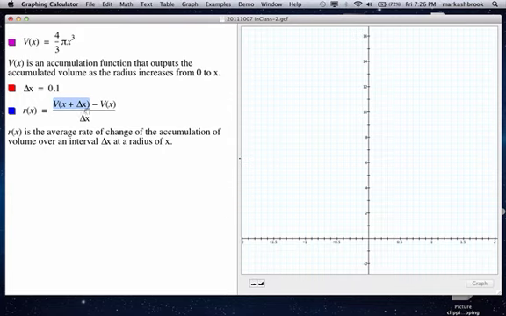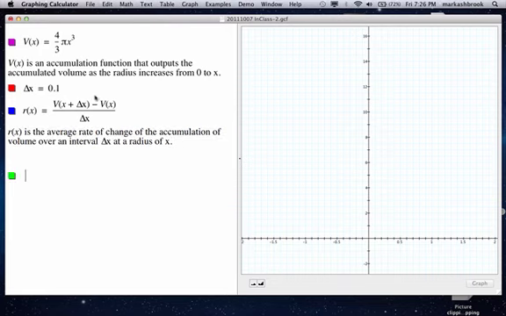Okay, so what is our input here? Our input is this whole expression x plus delta x. So if that's the input into the v function, this rule tells us what to do with the input. Our input is x plus delta x. And this rule tells us to cube the input and then multiply it by 4/3 pi.